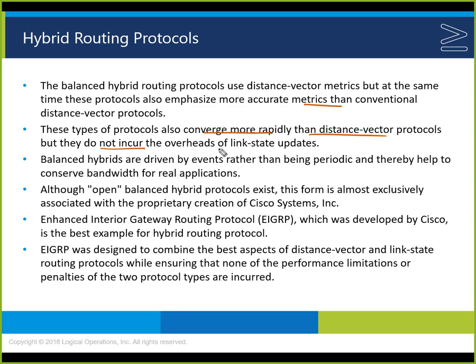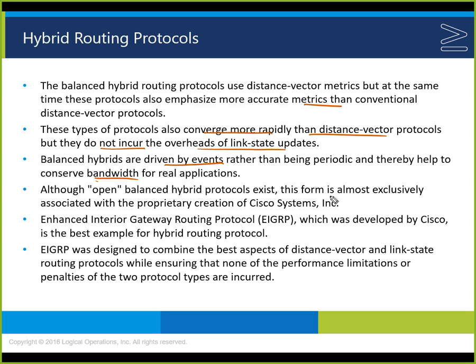Don't incur the overheads of the link state updates. Balanced hybrids are driven by events, so they only update when there are changes. They are event driven, not periodic, and thereby help conserve bandwidth for the real applications.